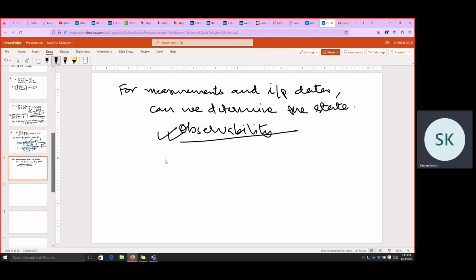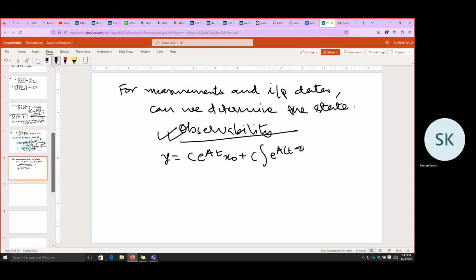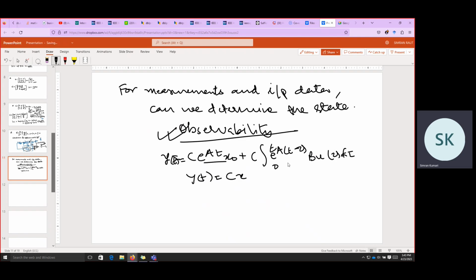We have seen y equal to C x. So y(t) is basically equal to C into x, because this is the response of a state.